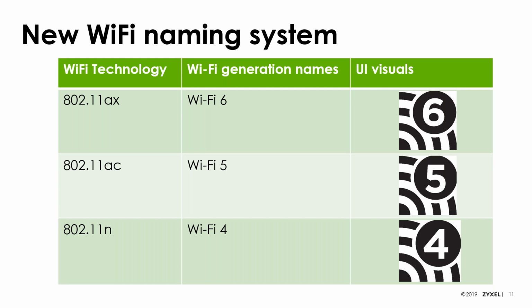So for example, when you are viewing from your laptop, you would see a Wi-Fi 6 when it's connected to a Wi-Fi 6 AP. So just to be more clear what standard you are using.